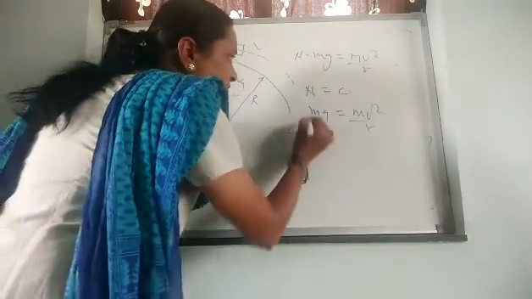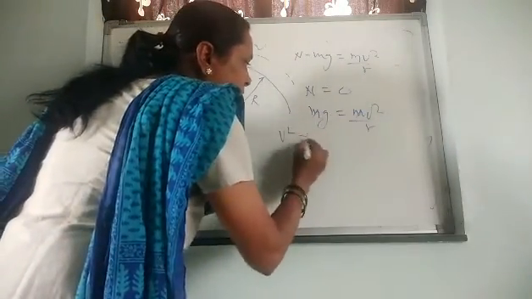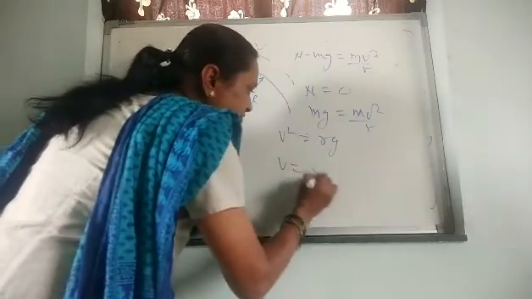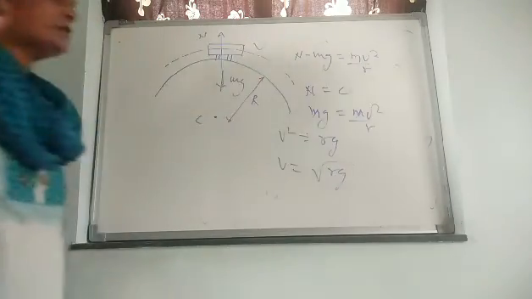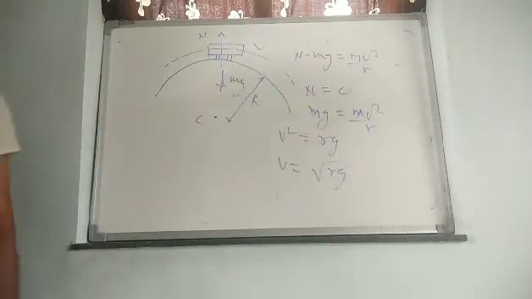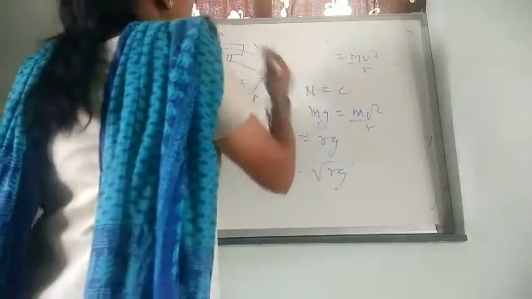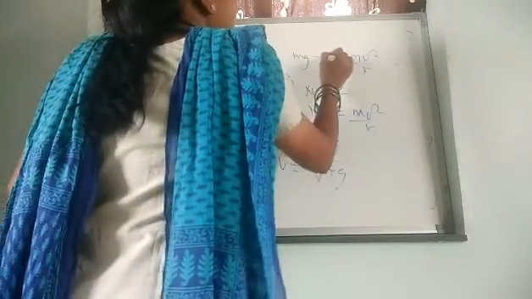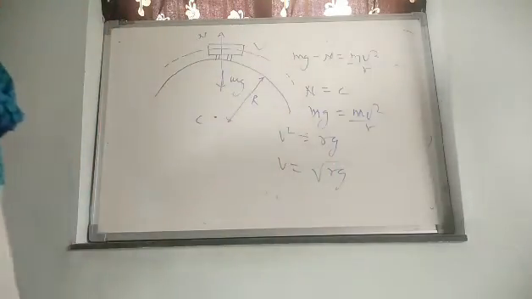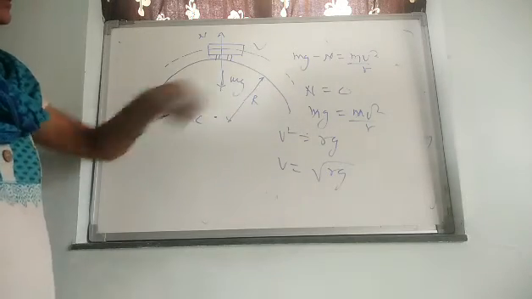That means v square is equal to rg, that means v is equal to under root rg. That is the velocity at the topmost point. This equation you can write, not N minus mg, but mg weight subtracted: mg minus N is equal to mv square upon r.